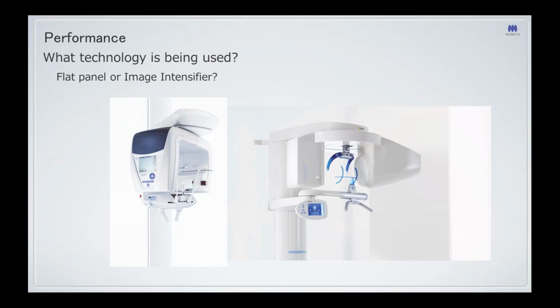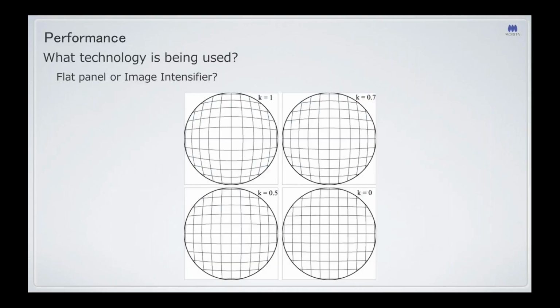And we highly recommend that you do the same. Because what an image intensifier does is it adds distortion to your image. So instead of being a nice flat grid-like structure like you see here, it's going to be more rounded up in the top left corner. So this kind of technology, despite the cost, I would avoid because it's going to distort your measurements and give you a poor quality image.